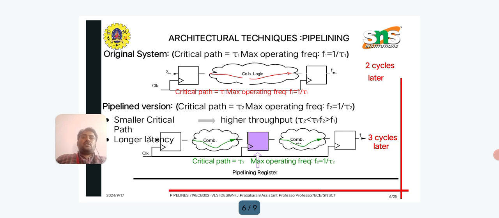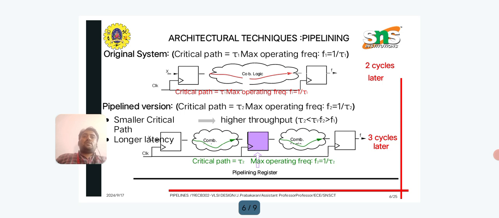Which means in the original system, the entire task is executed in one clock cycle, so the critical path is the longest. In the pipelined version, the task is broken into smaller stages, so each stage has a shorter critical path, which means tau 2 is less than tau 1.